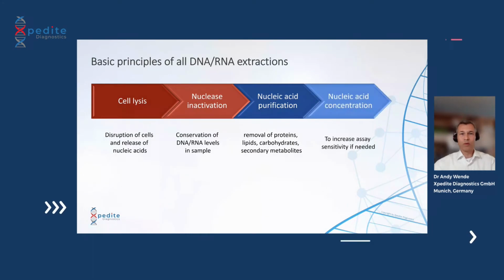While doing this step, you usually also have a concentration effect, because mostly you bind your nucleic acids to certain solid supports, and afterwards you elute them with a smaller volume than you initially used for the cell extraction. So you have a certain concentration effect, which also, of course, increases your assay sensitivity.